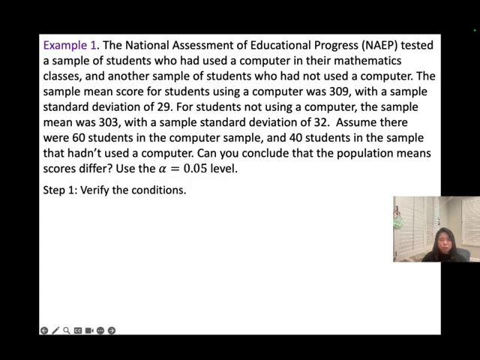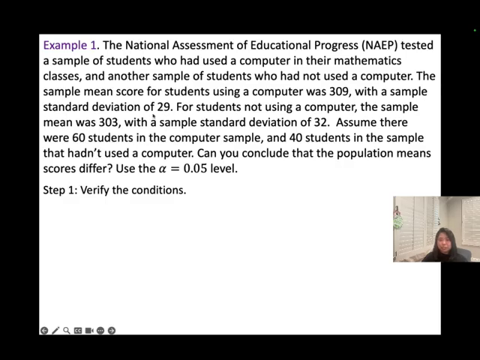Okay, now let's try to do the example together. Example 1. The National Assessment of Educational Progress tests a sample of students who had used a computer in their mathematics class, and another sample of students who had not used a computer. The sample mean score for the students using a computer was 309, with a sample standard deviation of 29.